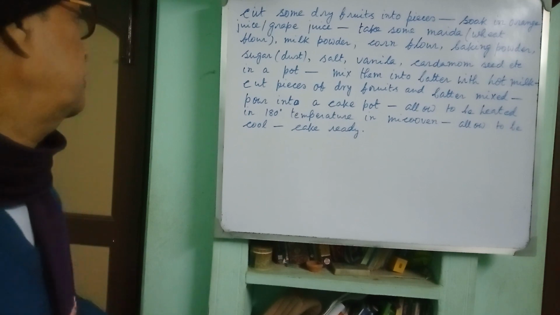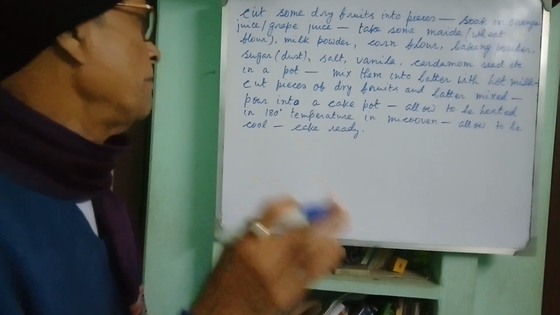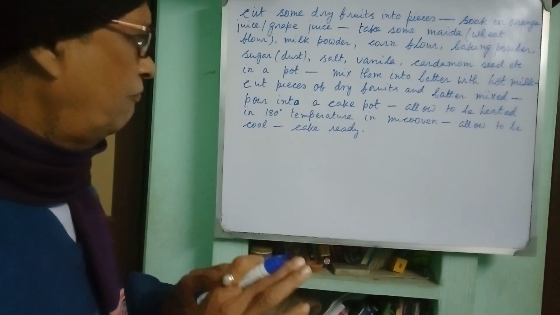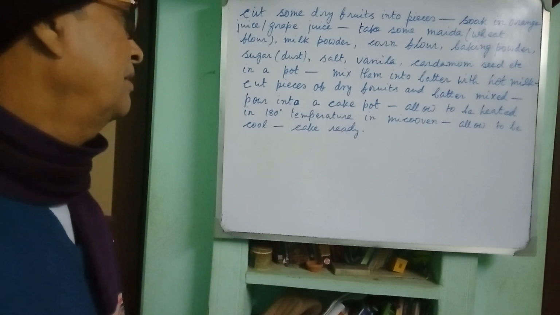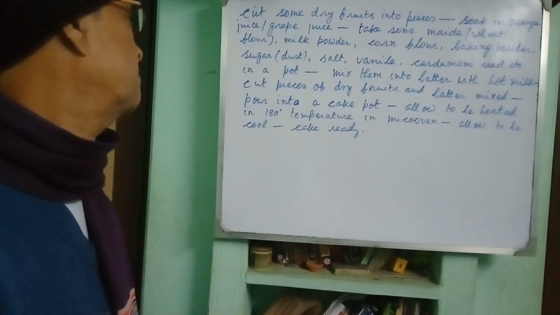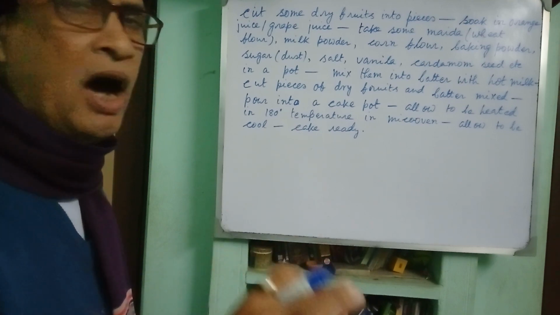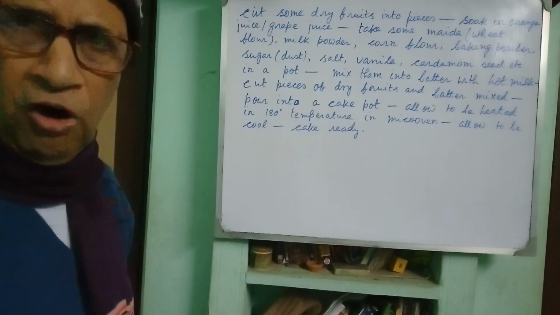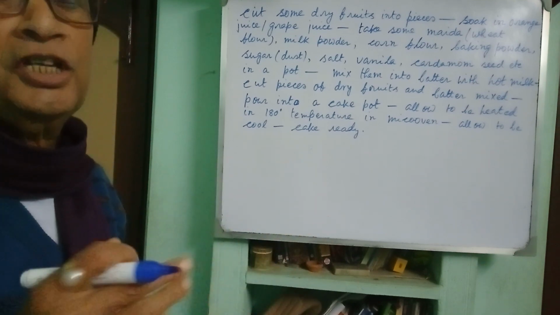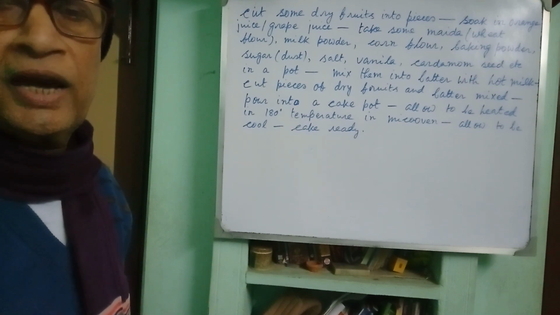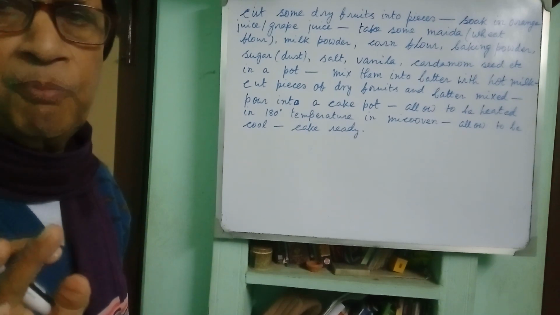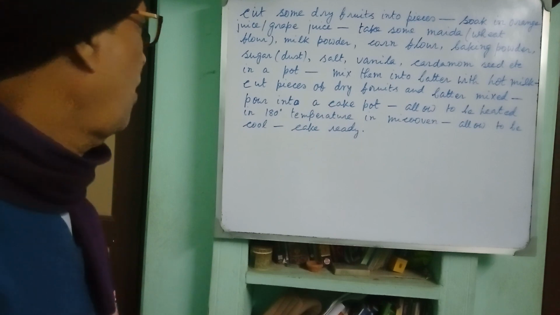After this, the cut pieces of dry fruits and batter are finely mixed, and the mixed content is poured into a cake pot or into an aluminium pot. Okay?